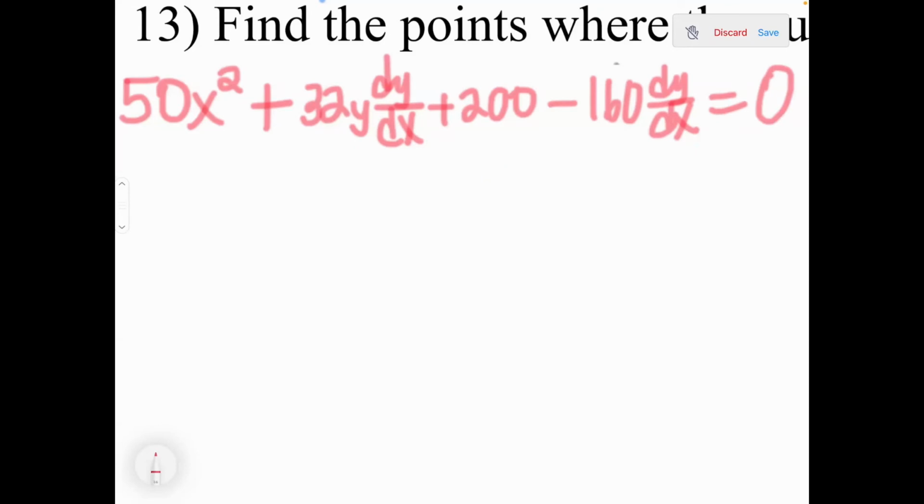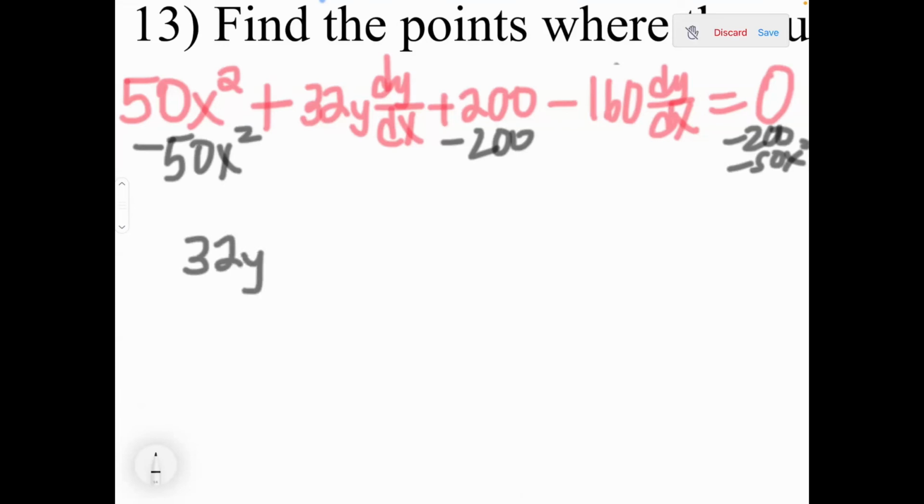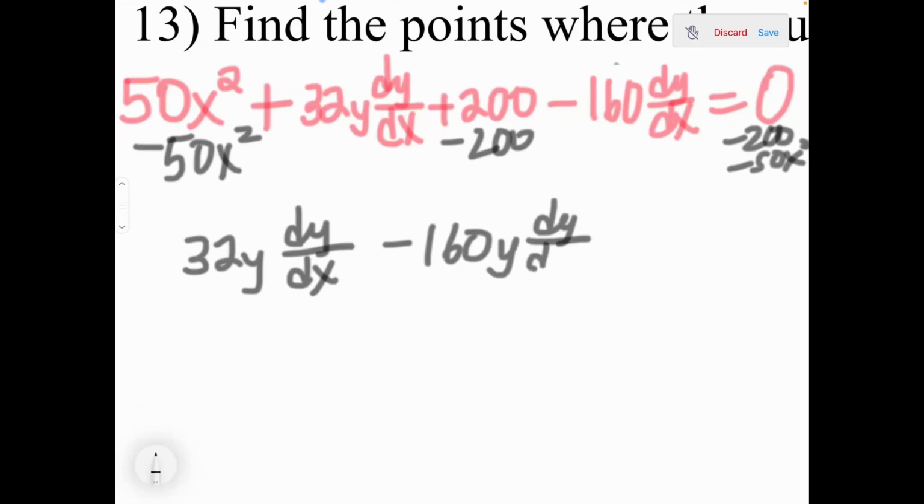So that equals 0. Anything that doesn't have a dy/dx, we're going to move to the other side. So we're going to subtract 50x and 200 from both sides. So we get 32y dy/dx minus 160 dy/dx is equal to negative 50x minus 200.